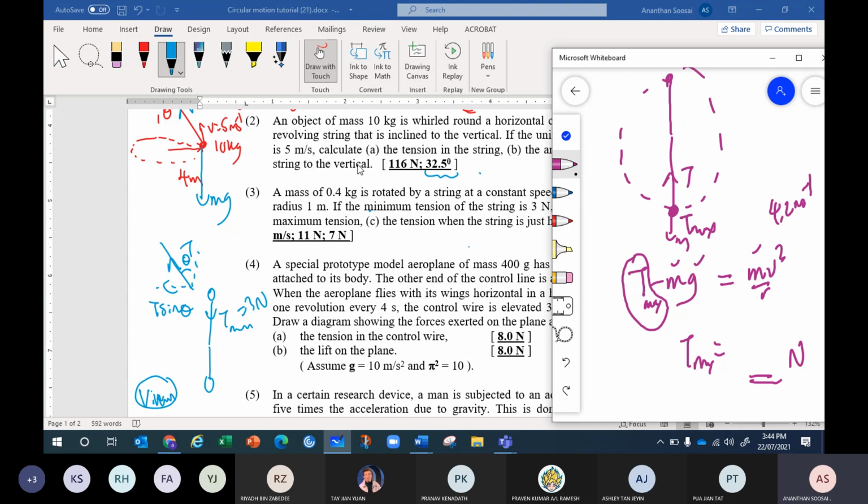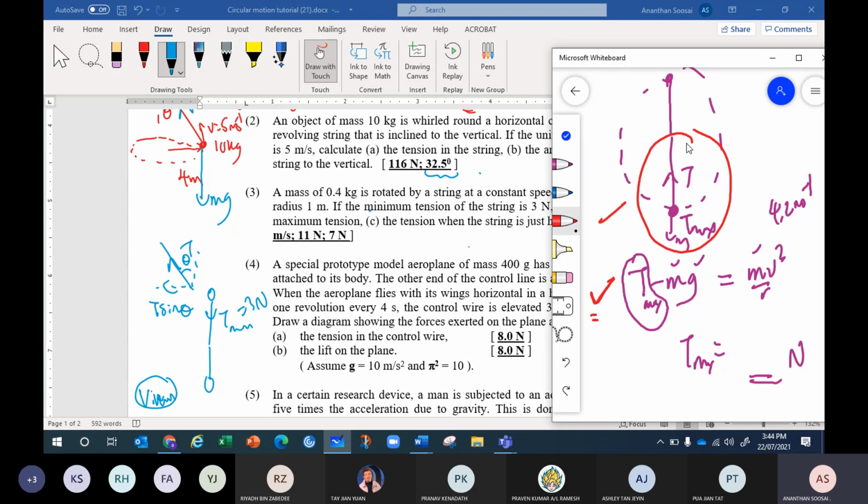Okay, my important point here is you should know T max happens at the bottom. So you should get this equation, then you find the T. Those who realize you must choose the bottom point and you realize this is the equation to be used, T minus mg is mv squared over r, you are on the correct track. So you understand.